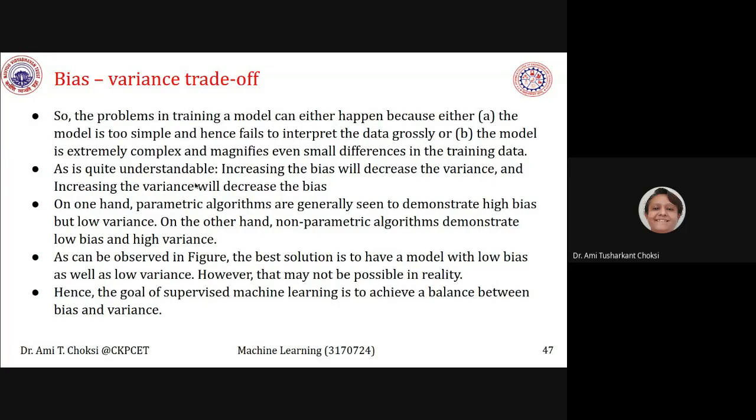As is quite understandable, increasing the bias will decrease the variance and increasing the variance will decrease the bias.